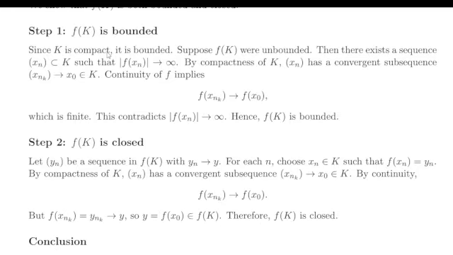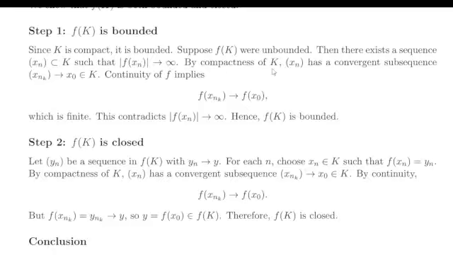So since K is compact, it is bounded. So K is the set. Suppose f of K were unbounded, then there exists a sequence x sub n in K such that the absolute value of f of x sub n approaches infinity.